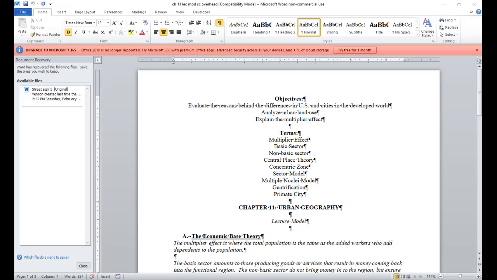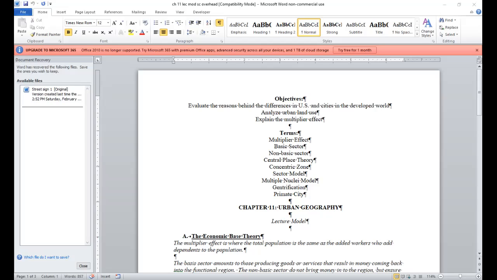We have three land use models we're going to take a look at. The concentric zone model, this is where the city emanates out from the central business district. The sector model, not too much different from that. The city emanates from the central business district, or the CBD, I'm going to call it, with the sector model, but via commuter rail lines, long rail lines.